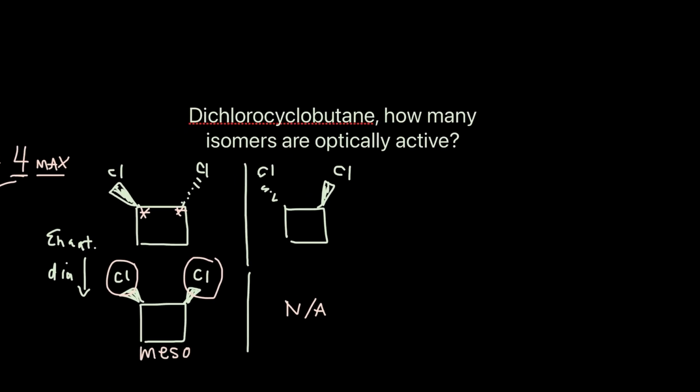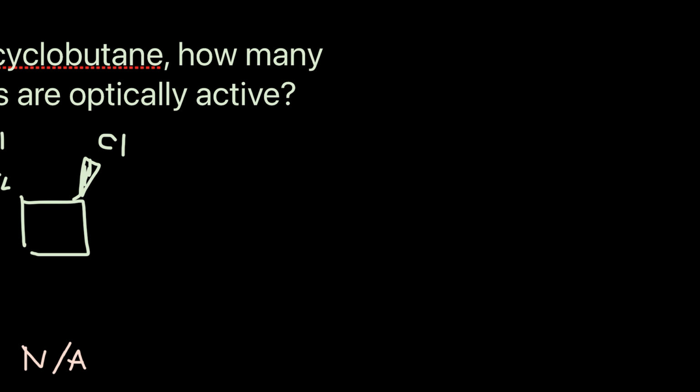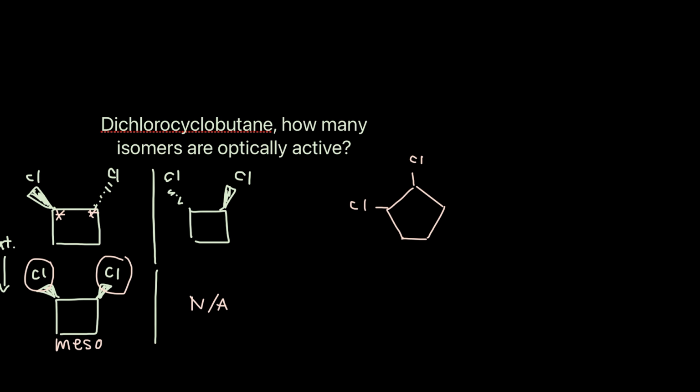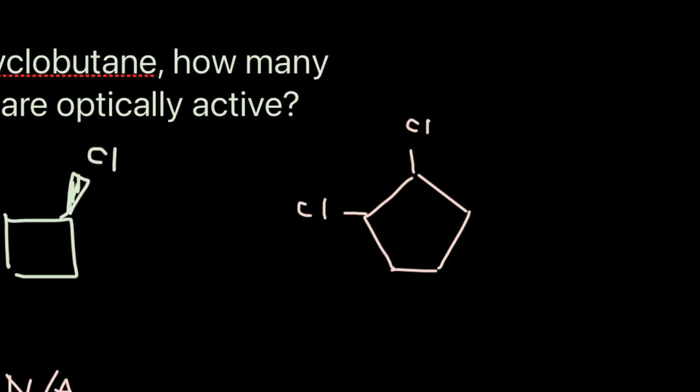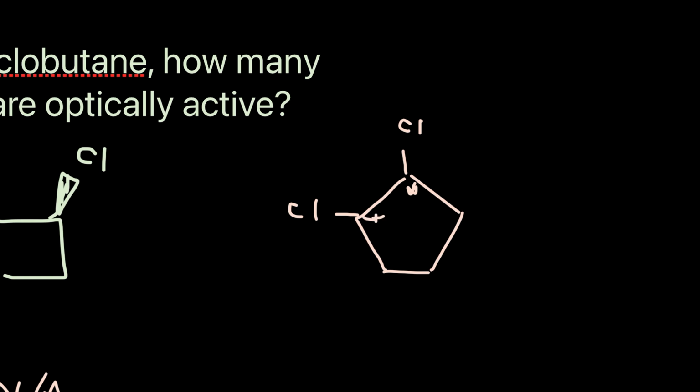Now, some other things I need to note: if you're given another compound, and let's say they're not asking you how many are optically active, and they give you a larger compound like dichlorocyclopentane, once again I can tell that there's going to be one meso compound, so instead of 4 total stereoisomers, there's going to be 3.